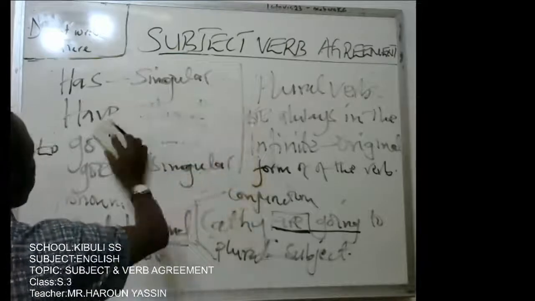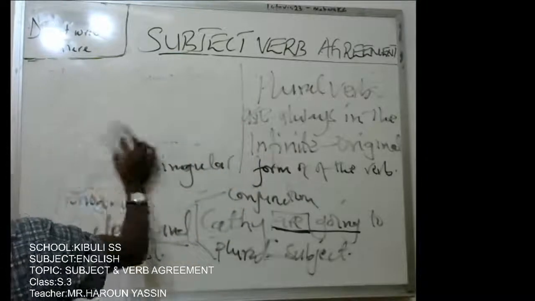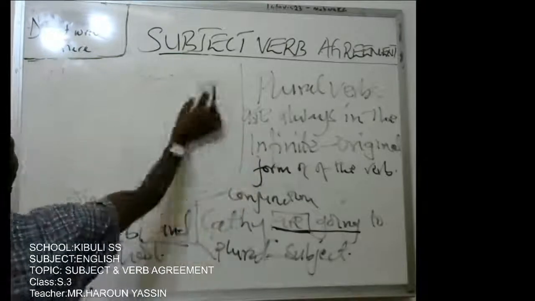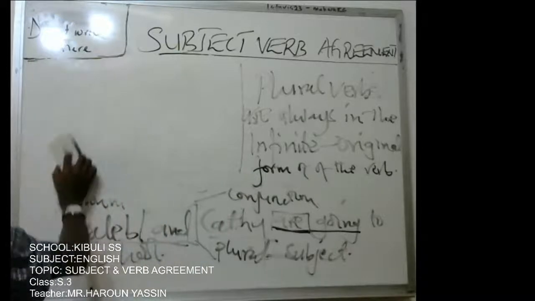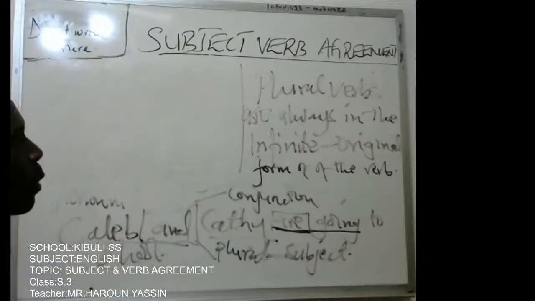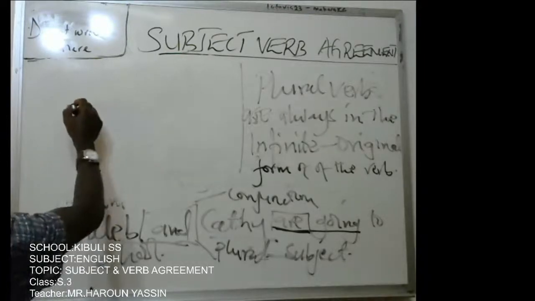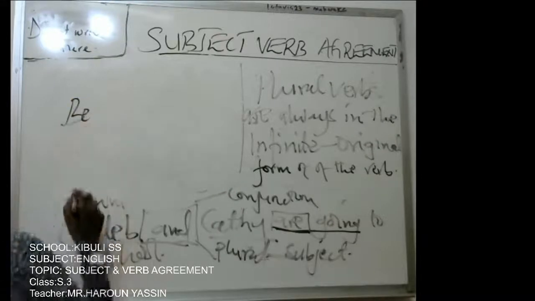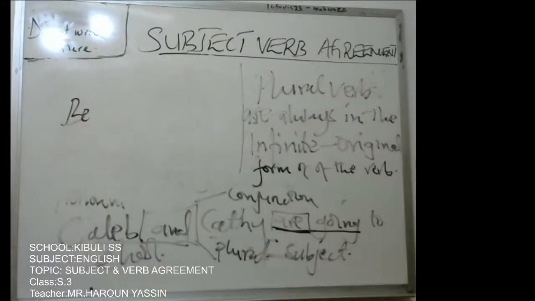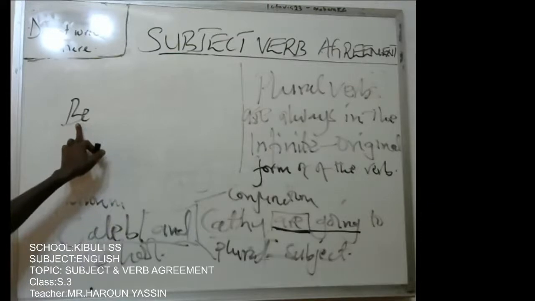Our board, sorry, is small. It's not black, it's small. And I will keep rubbing. There is a verb I want to challenge students with, but those who have interacted with me know it very well. This is the verb to be. Most students don't know that this word is a verb.